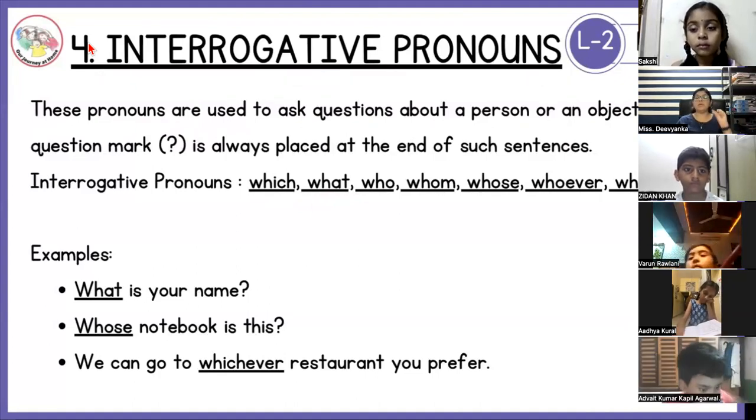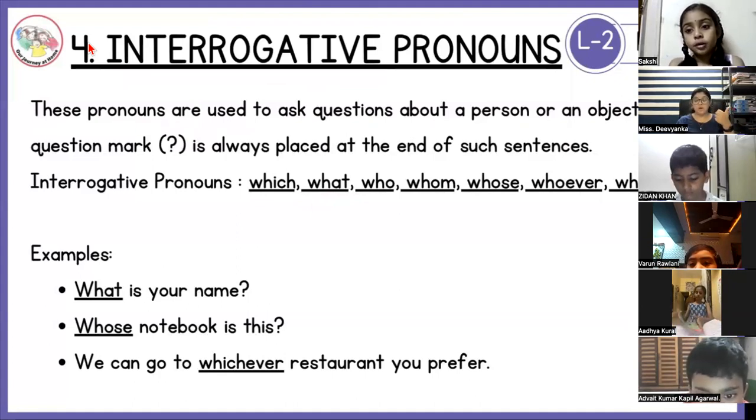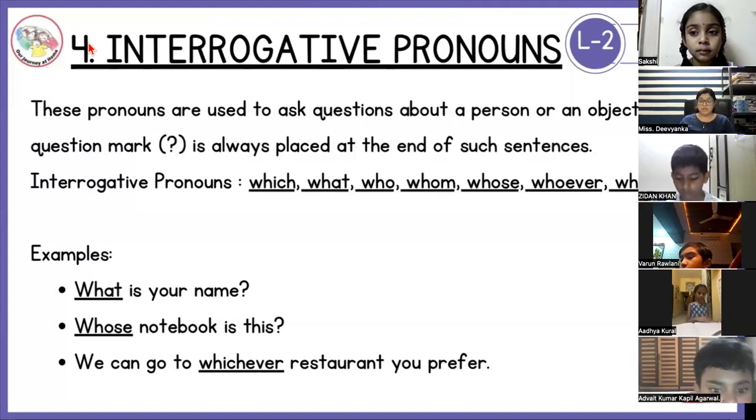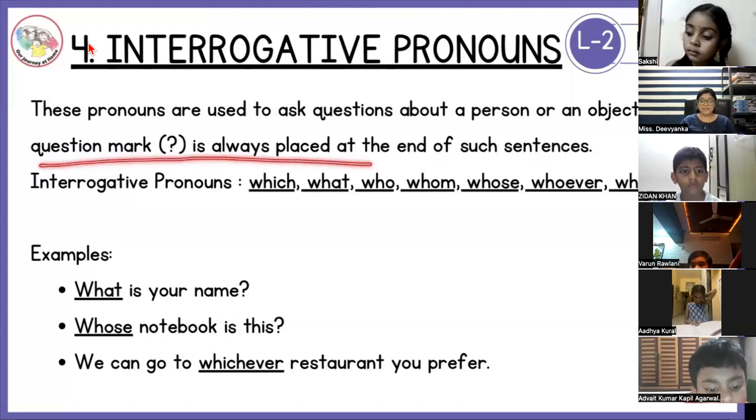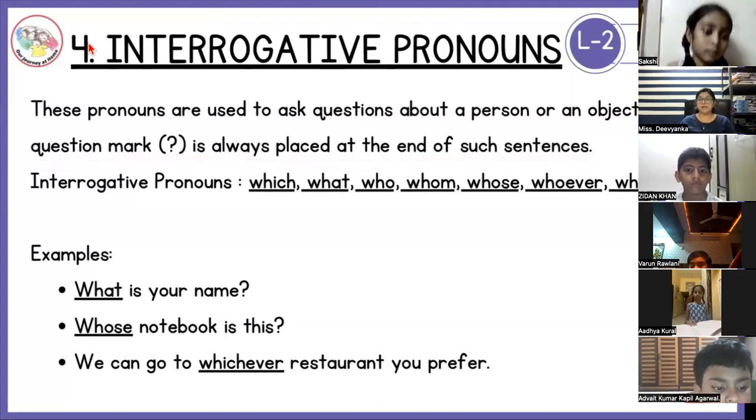So any word that is used to ask a question, it can be about any person or any object, then those words are known as the interrogative pronouns. Now, in these sentences, a question mark is always placed at the end. So all the sentences will have a question mark in the end.